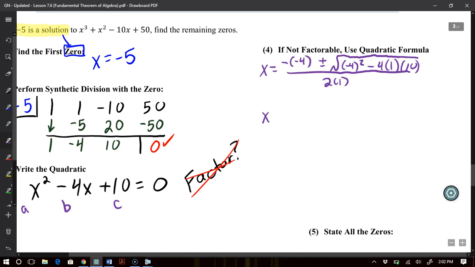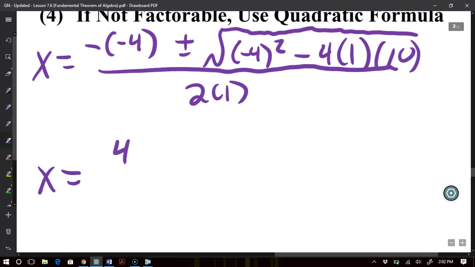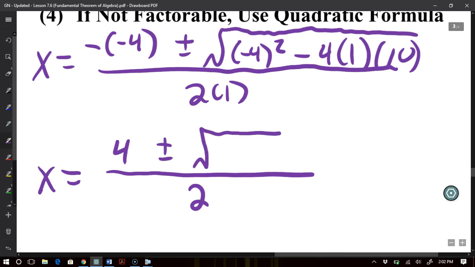And we just do the math at this point. Negative of a negative is a positive. 2 times 1 at the bottom gives me 2, so I have 4 plus or minus the square root. Let's just do the math inside the square root. -4 squared is 16. 4 times 1 times 10 is 40, so 16 minus 40 is -24.